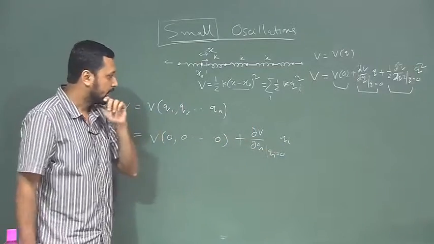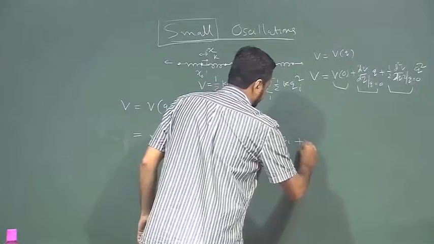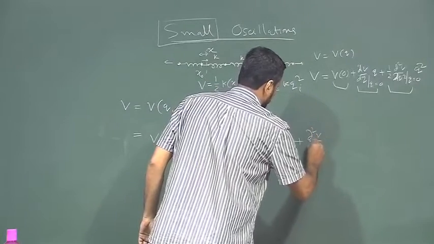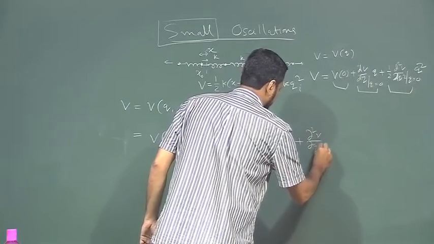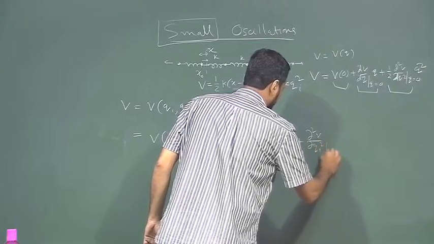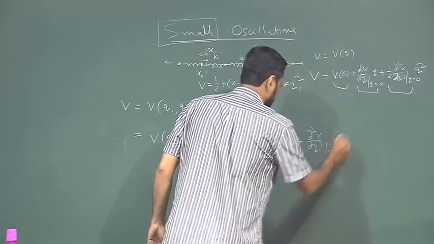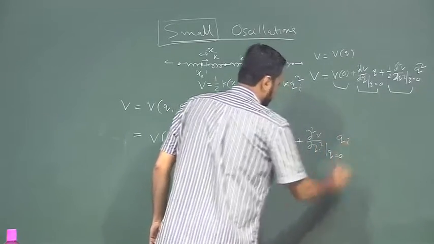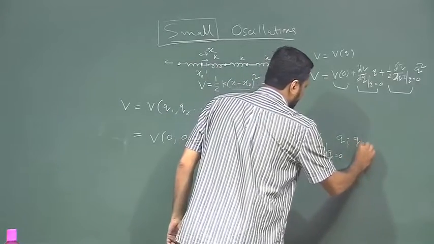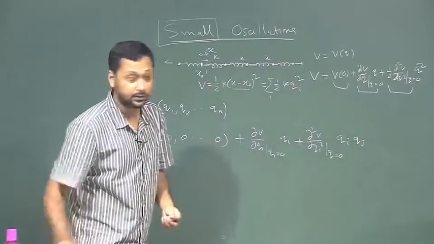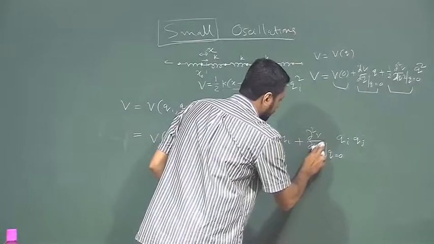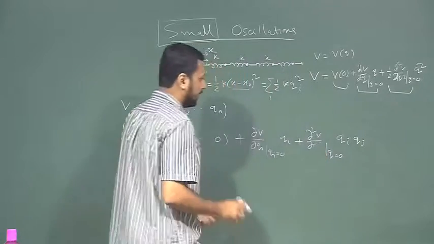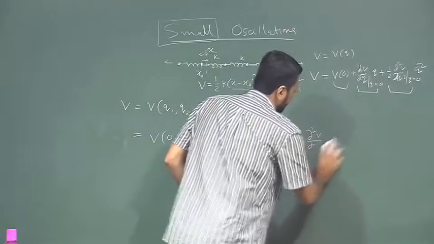And then the second term, del 2V del q i square evaluated at q equal to 0, and we have q i. Actually, that is a mistake. We should not write partial derivatives like this in summation convention.